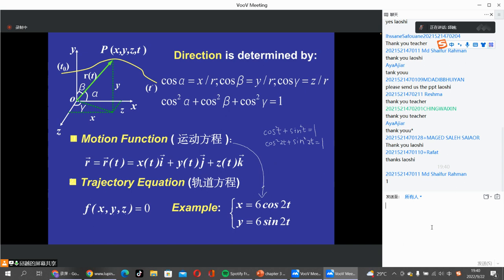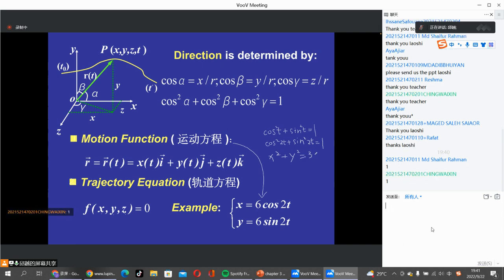So for this example, we have x squared and y squared equals what? 36.